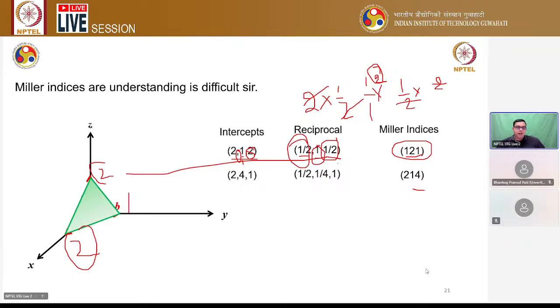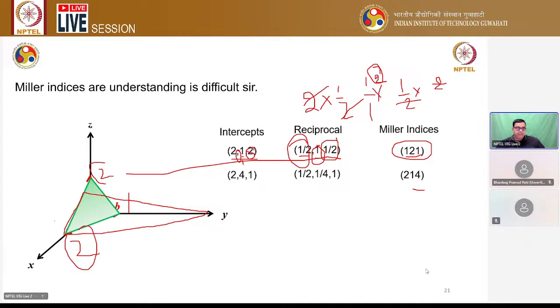Let's see one more example with different intercepts. Say 2 at the x-axis, 4 at the y-axis, and say 1 at the z-axis. This is my plane now.